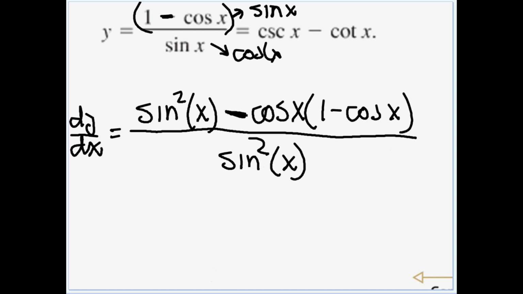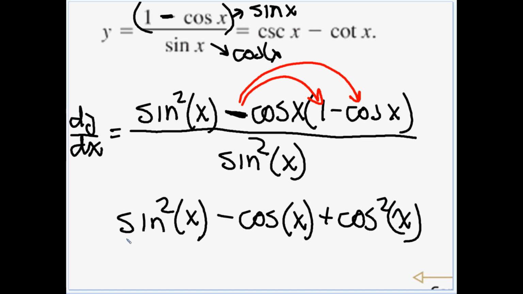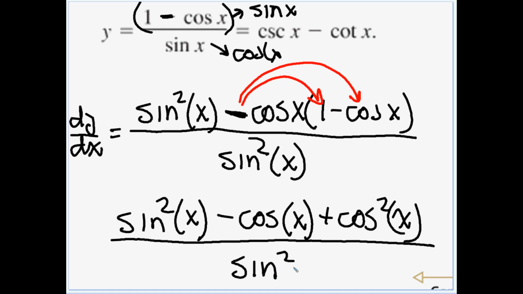Okay, we can do a little simplifying here. See, if we distribute this negative cos, that'll turn into a minus cos of x, but then this will turn into a plus cos squared. So up there, we already had a sine squared of x. We'll distribute and get a minus cos x and a plus cos squared x, all over sine squared x.